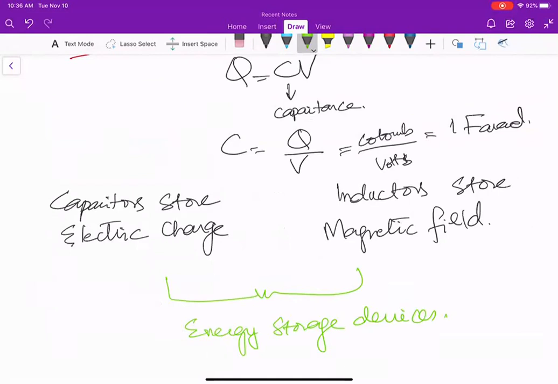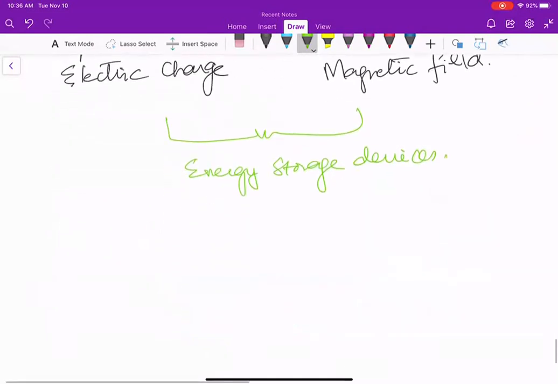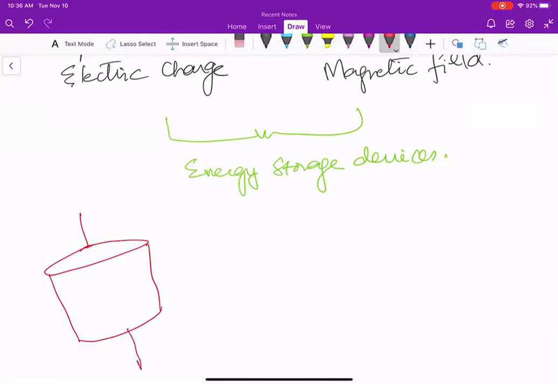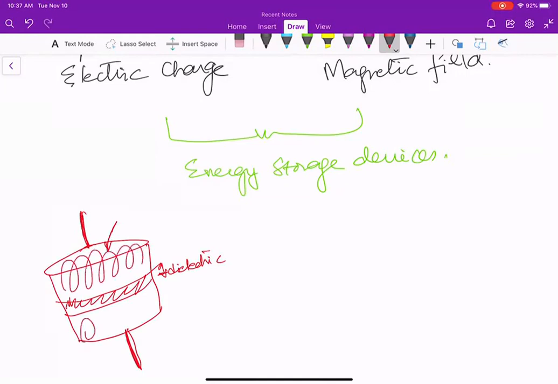Another thing is, in terms of the physical outlook of a capacitor, how we can define the capacitance. So if you have a capacitor like this, this is your capacitor. This is your dielectric. These are your plates.